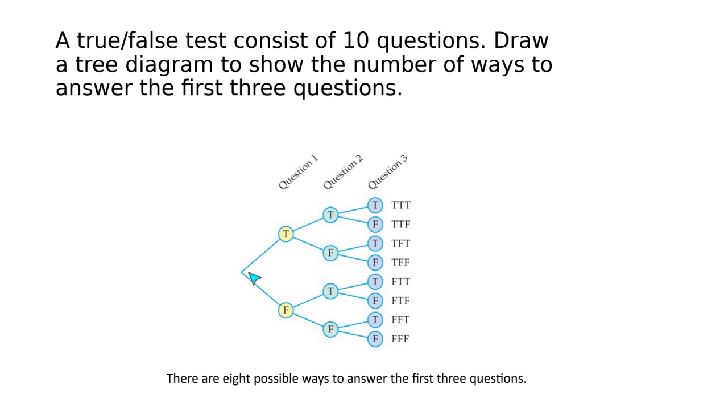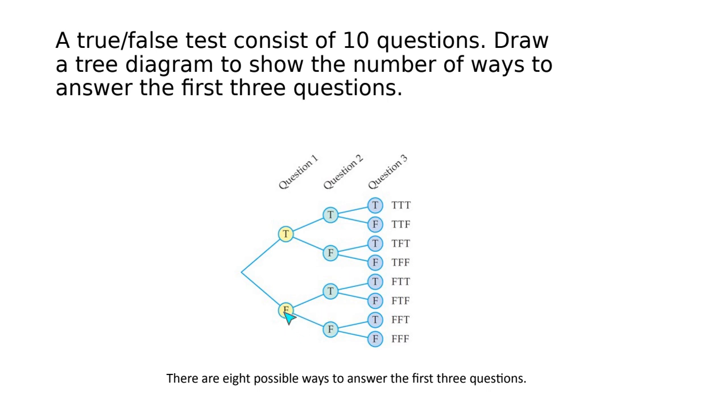So here we're going to have true. One possible outcome is that the person answered true on all 3 questions. Another one is that they said true, true, false. That would be another outcome. Or it could have been true, false, true, or true, false, false.